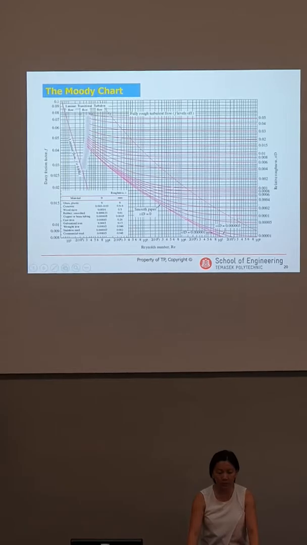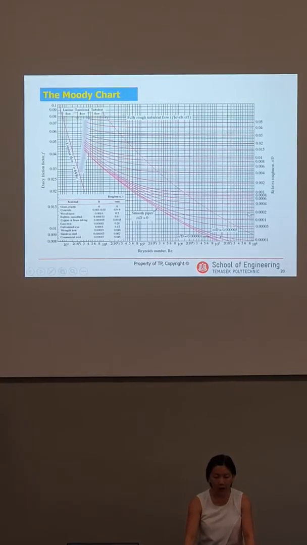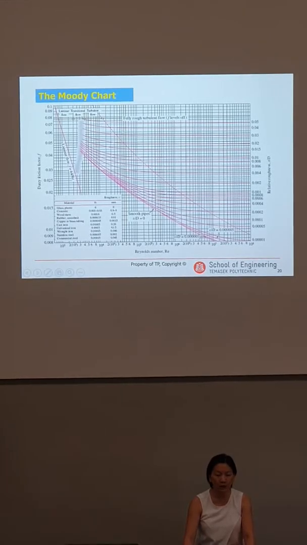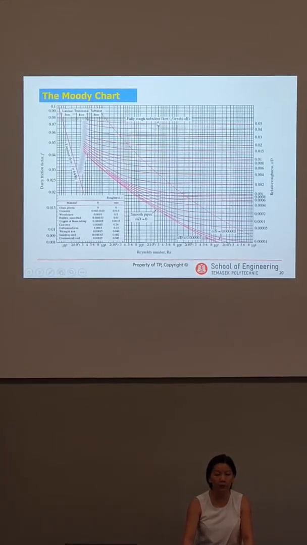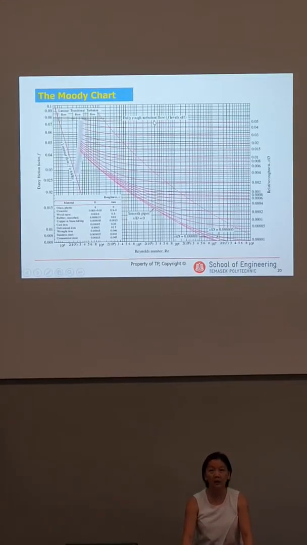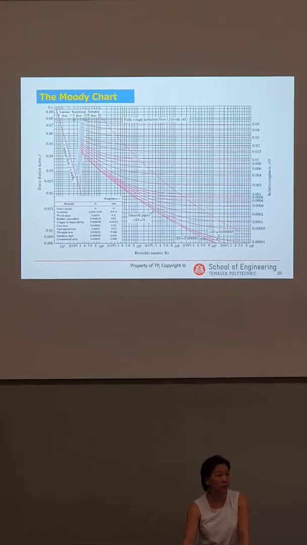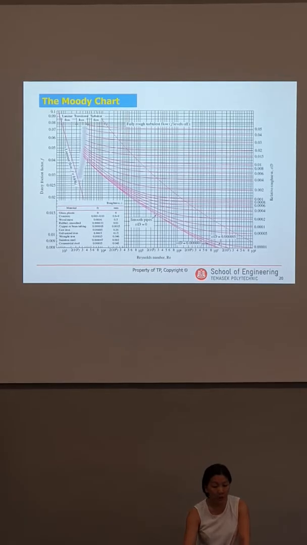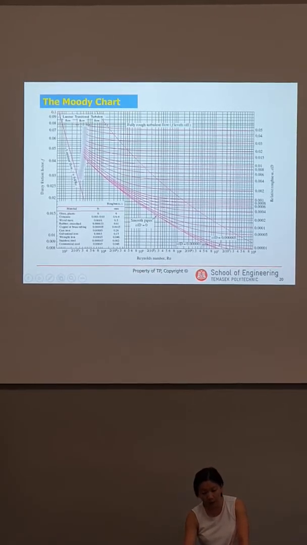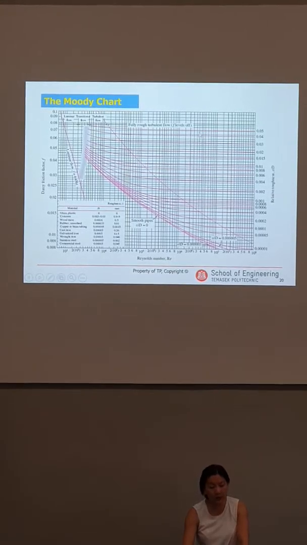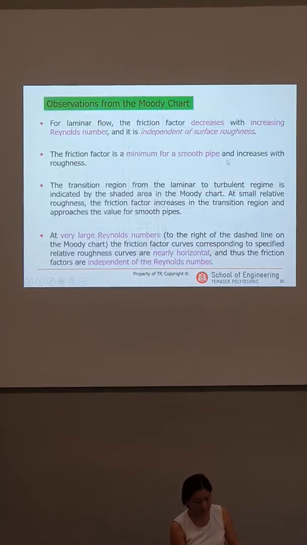Whether your Reynolds number is here or here, you will read off the same f value. So we say when the flow is fully rough turbulent, it is independent of Reynolds number. This was one of the past year MCQ exam questions. As long as it's on the right hand side of this dotted line, you will have a fully rough turbulent flow, and when that happens, it is independent of Reynolds number.